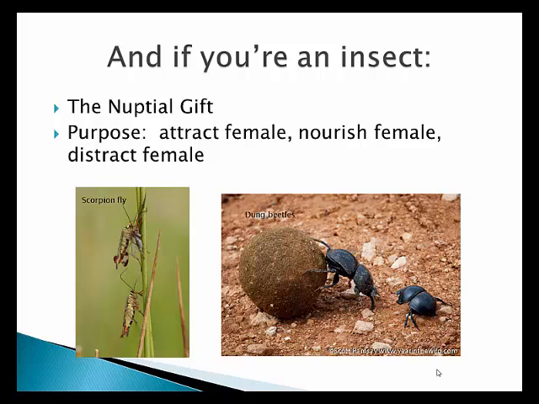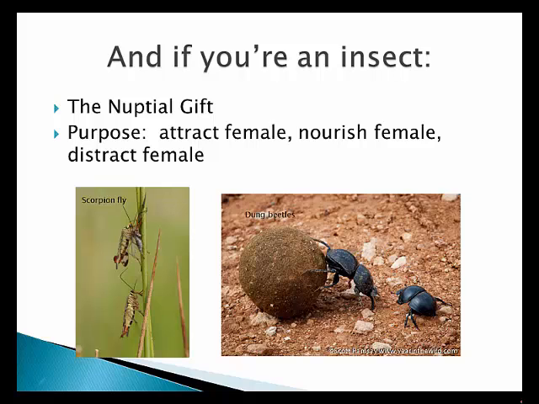But in addition to this attractiveness criterion, the nuptial gift is also a way for the male to help nourish the female and increase her chances of producing a successful brood. And in some species where the female may be quite a bit larger than the male and also predatory, the nuptial gift is a mechanism to distract the female from doing harm to the male during the act of mating.